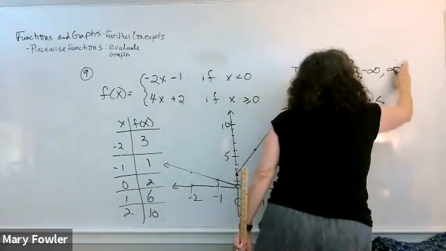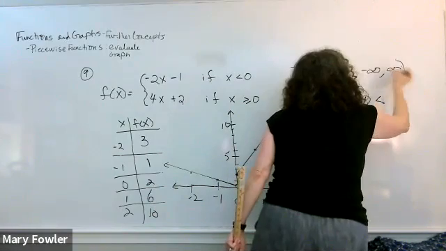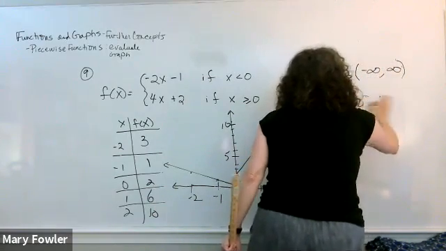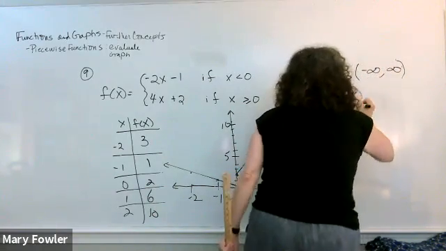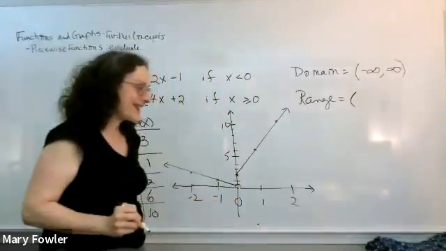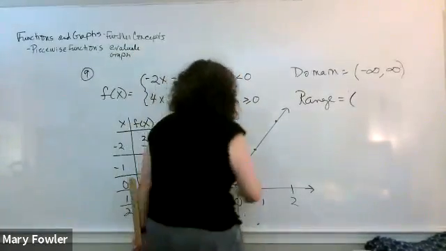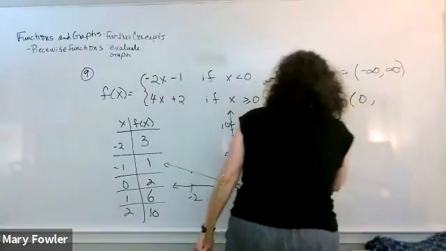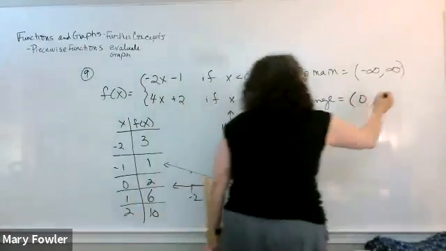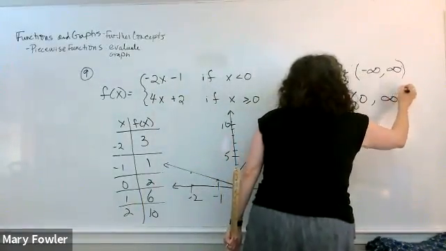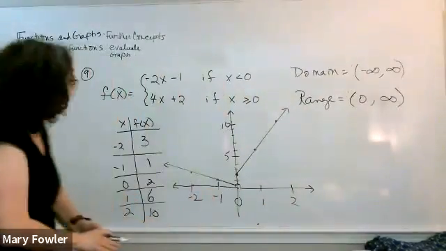Let's use interval notation. I kind of had to correct the domain notation, sorry about that. So this is 0 and it goes up to infinity, it doesn't stop. So there's my range.